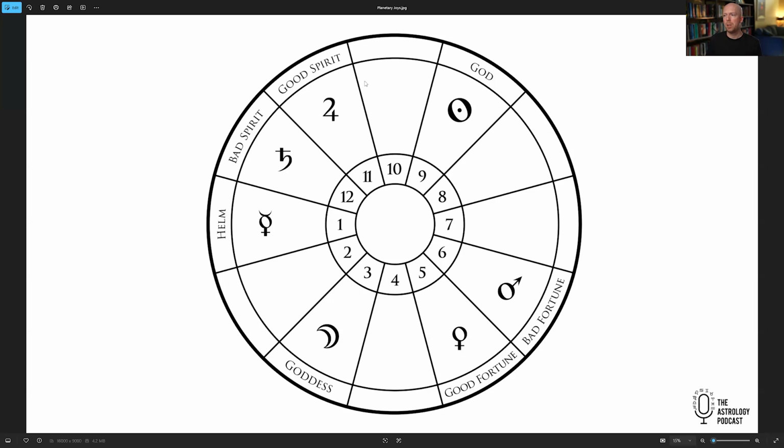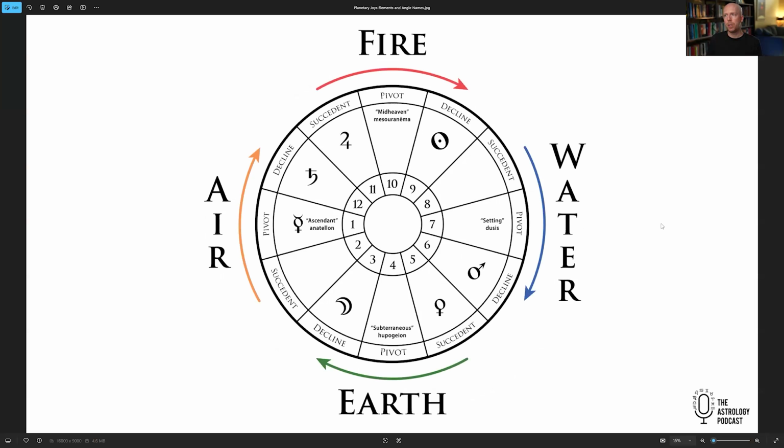So for example, in the planetary joys scheme, I was able to show how it represents the triplicity rulers grouped around the four angular houses, or angular triads, I should say, which was originally something that Robert Schmidt noted.